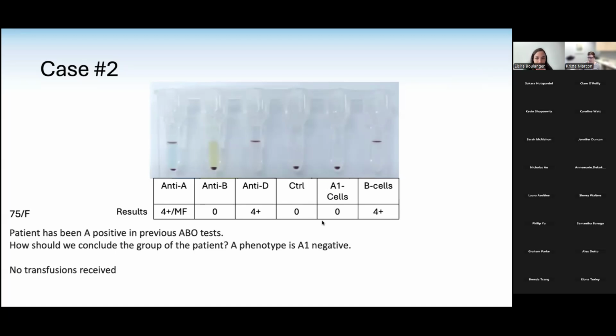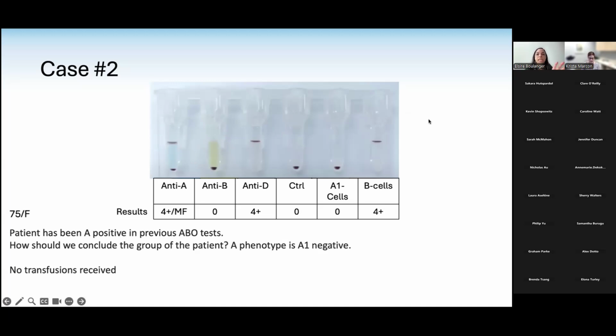What is happening here? Okay, we have some mixed reactions. Most of the audience believe this patient is still A positive, but maybe it's A negative, or maybe it's O positive. So what is happening? I'm having here the forward reaction. I'm having a 4 plus reaction with the anti-A, which is what I am expecting.